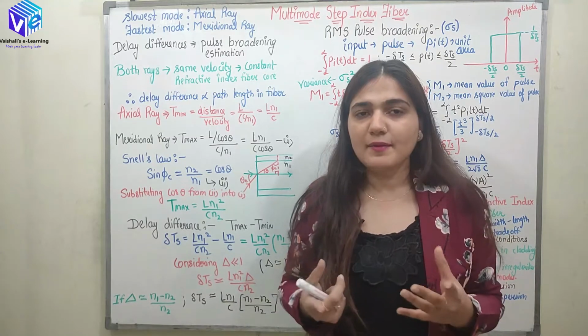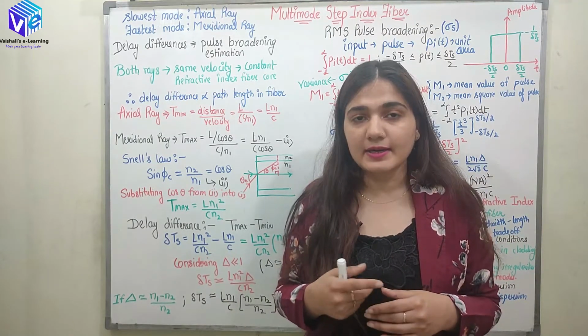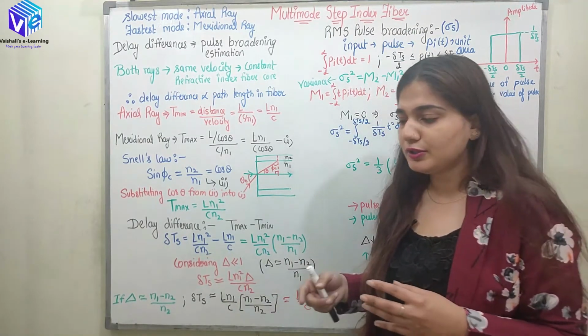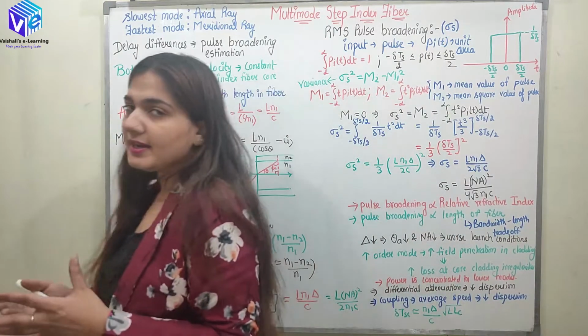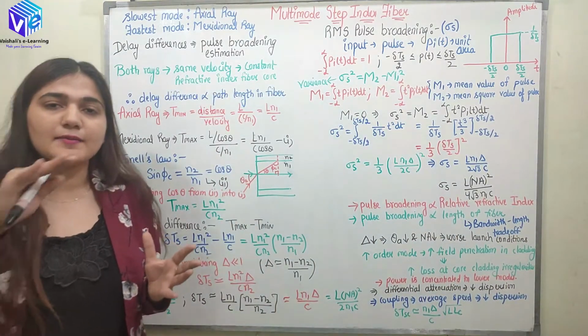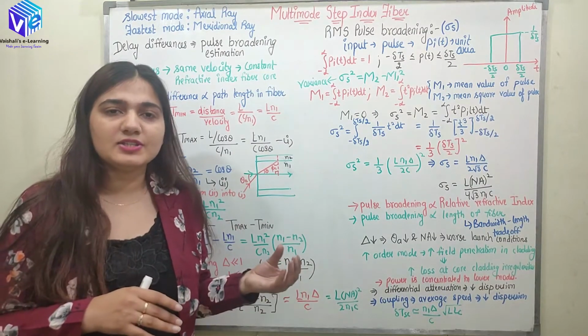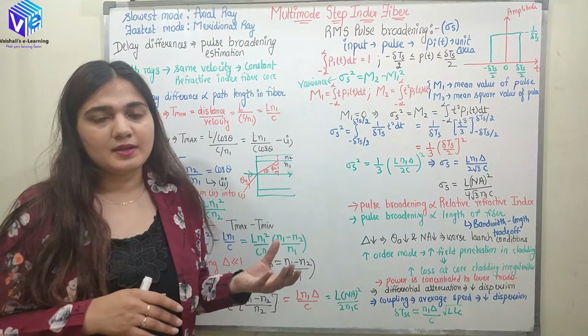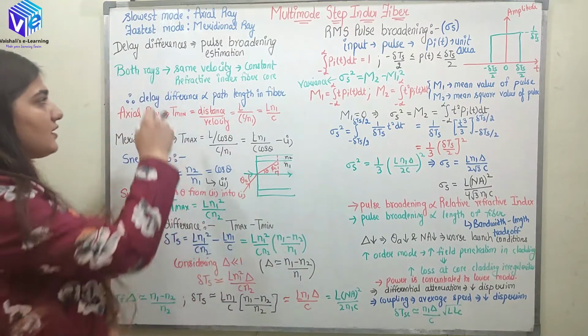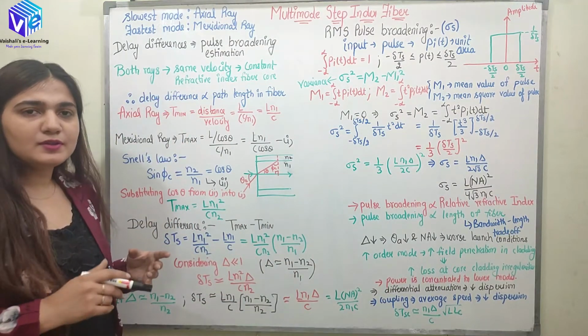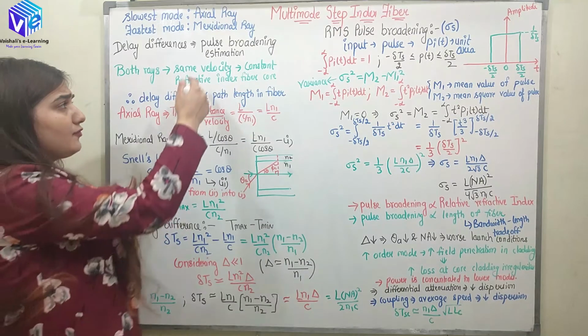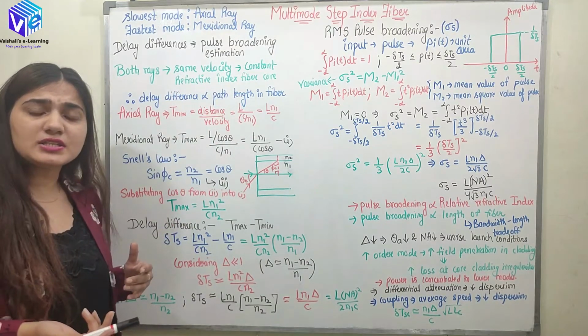When I was talking about the graded index fiber, I told you that the meridional ray and the axial ray have different velocities, so that both of them reach at the same time. But here, because the refractive index is the same, both of them will have the same velocity.